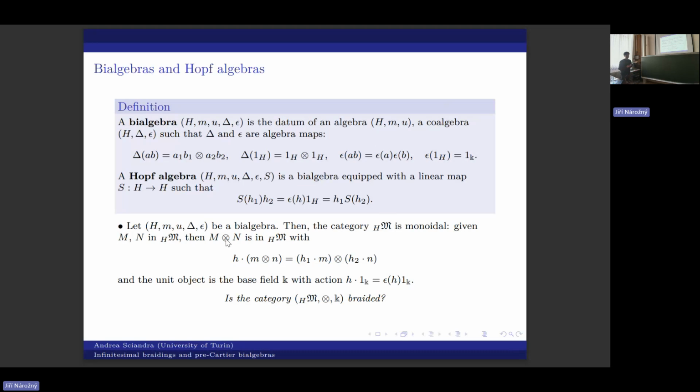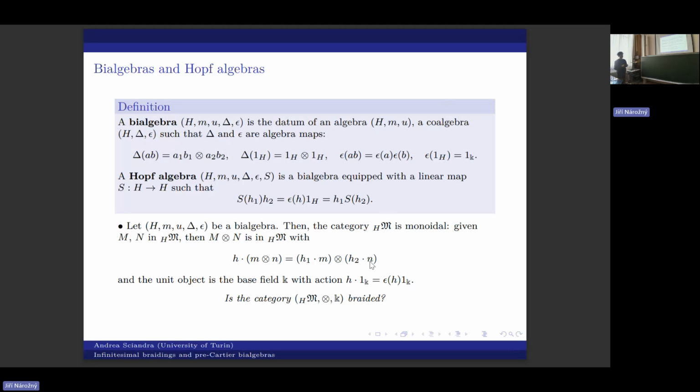And this is the so-called diagonal action. So the action of an element h on m tensor n is just h1 acting over m, tensor h2 acting over n. Again, h1, h2 is just the delta. So we compute the delta over h, then we use both actions, the one of M and the one of N.